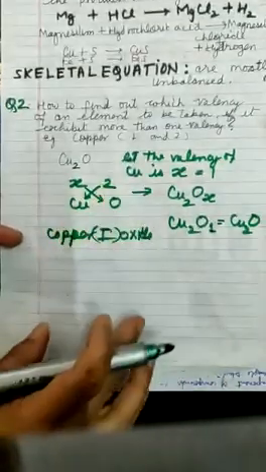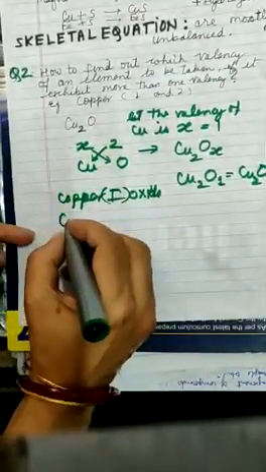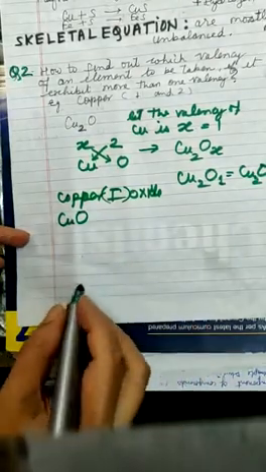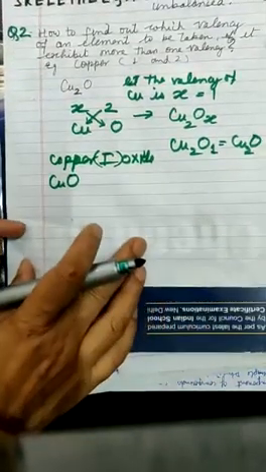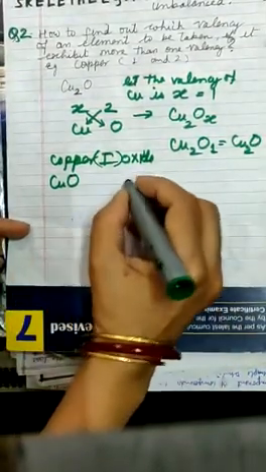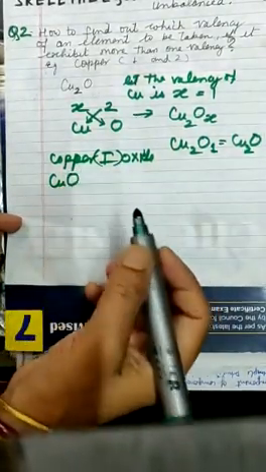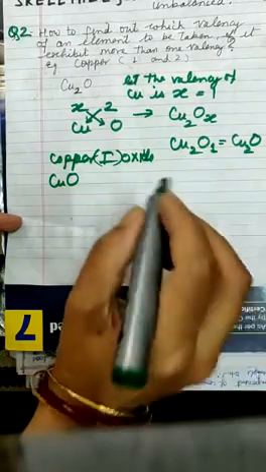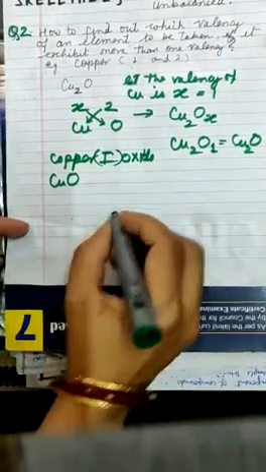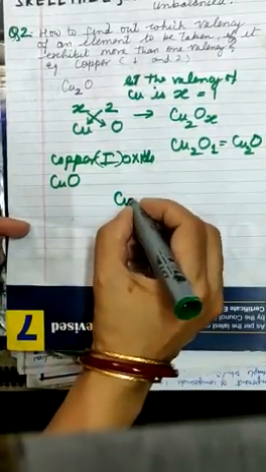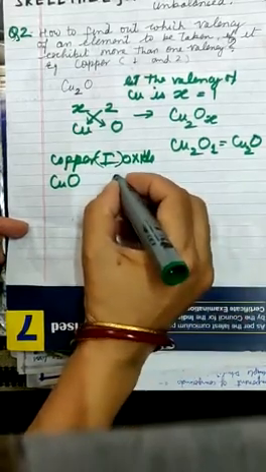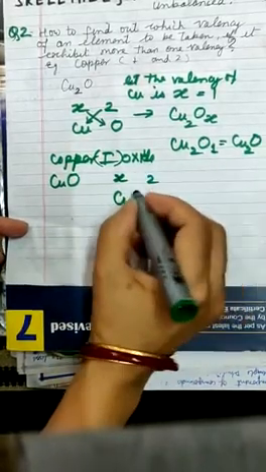Suppose it was not Cu2O, but the compound's formula was CuO. Again we can do it in the same way. We let the valency of copper be X, as we don't know what the valency of copper is. Then CuO, here X, here 2.